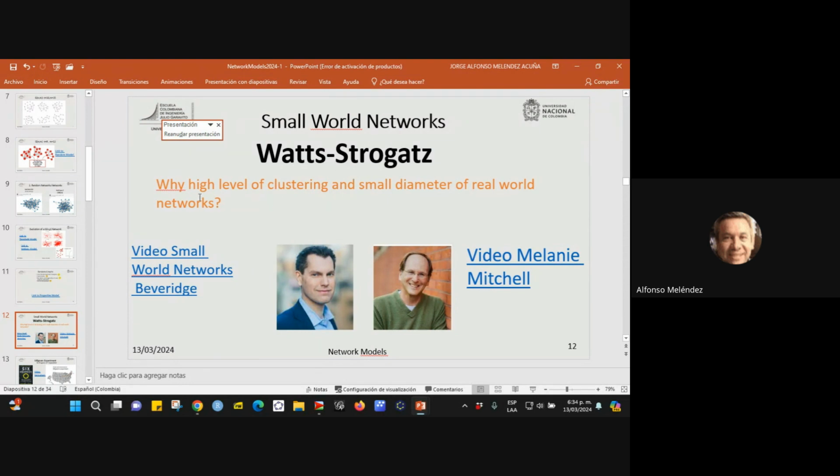The question they tried to answer is why real world networks have a high level of clustering and a small diameter. They studied some important networks and discovered that the networks had high clustering and small diameter, or small shortest paths.